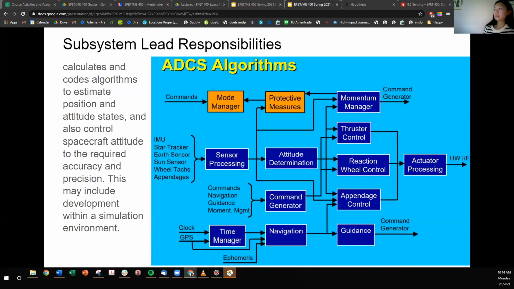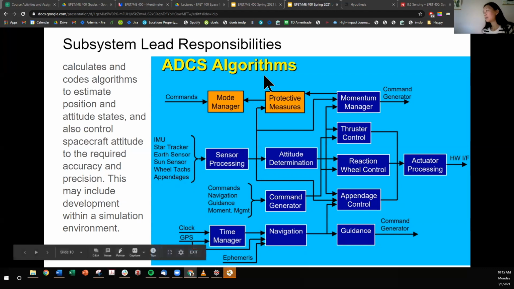Another subsystem lead responsibility is to calculate and code algorithms to estimate position and attitude states. You also want to control the spacecraft attitude to the required accuracy and precision. You may need to develop a simulation environment to verify that this is true.